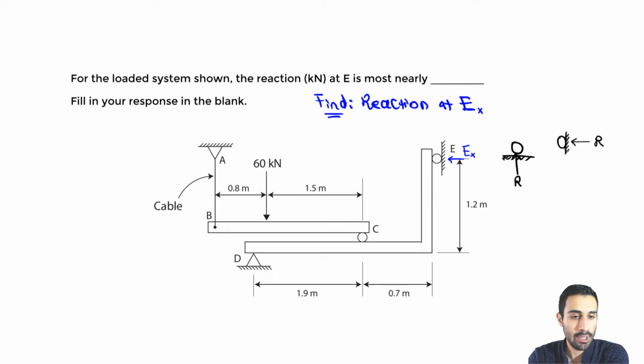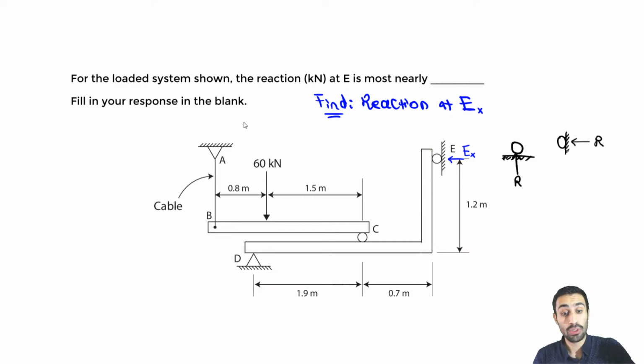Okay, first step, take a step back and look at this system. It's an interesting system because it's an interconnected system as well, where you have two beams, let's call them beams, where you have this beam BC, and you have this other beam, an L-shaped beam or L-shaped member.